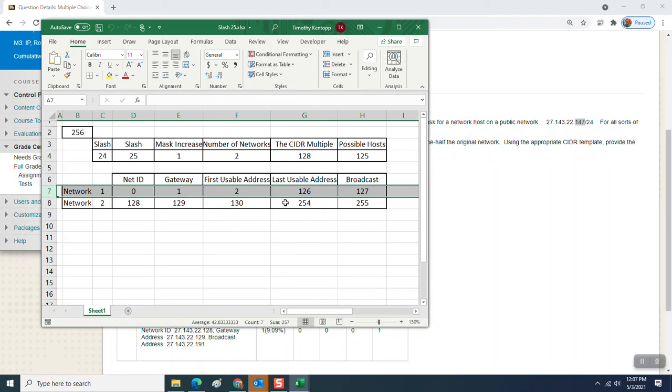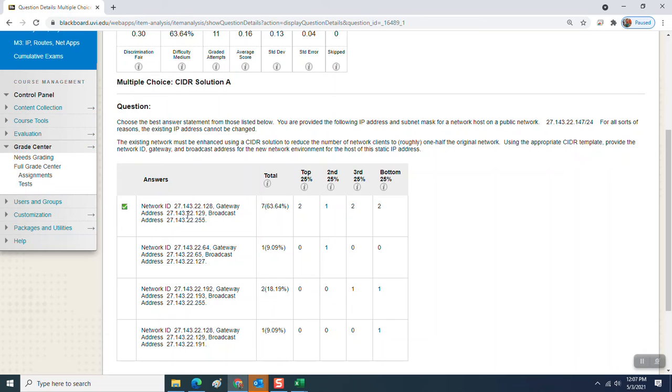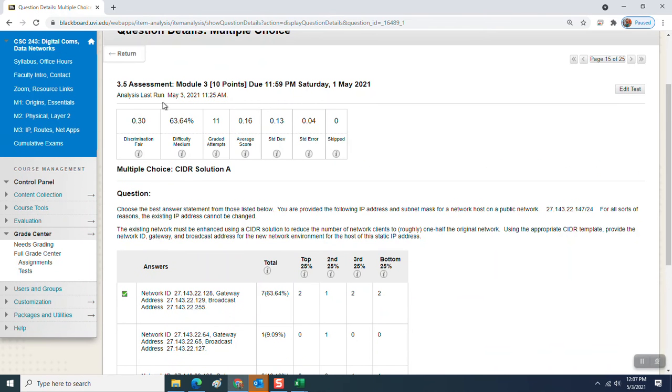It's the second network range, 130 to 254. So the network ID is 128, the gateway is 129, and the broadcast is 255. That's this answer. All the other answer choices are incorrect, and they're using different CIDR templates. So that's the only correct possibility.